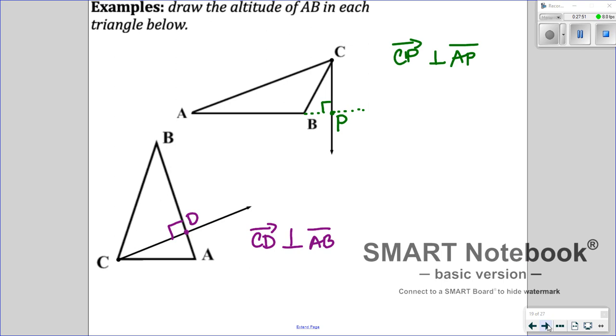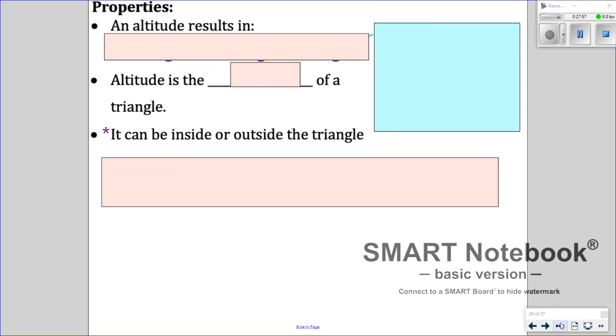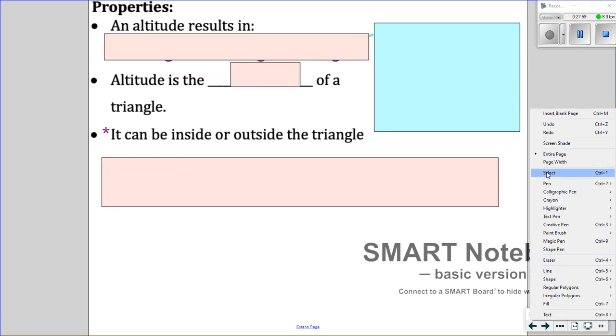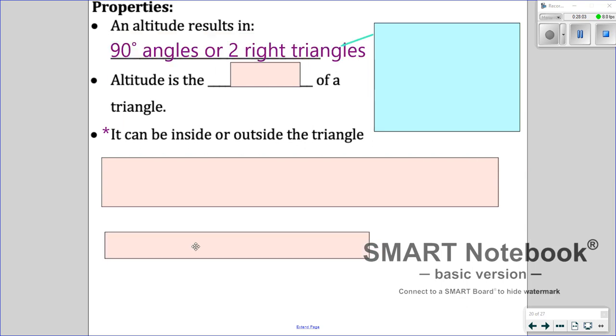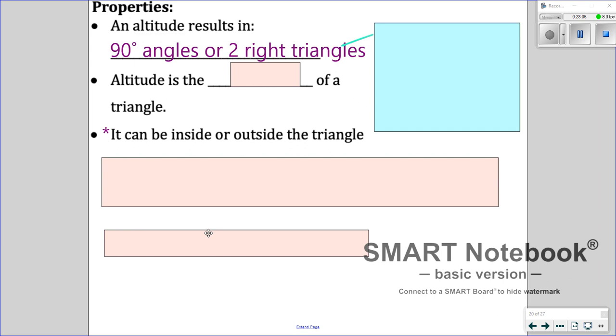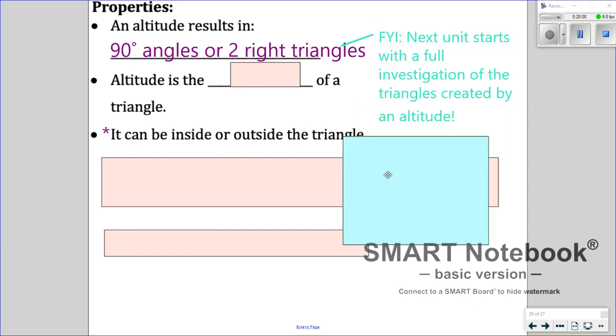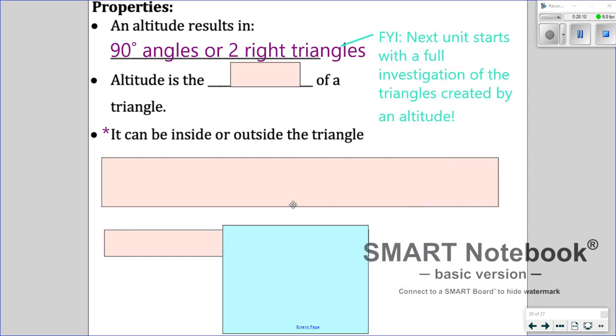So the altitude can be inside the triangle, and it can also be outside. Right. So the properties of altitude result in 90-degree angles or two right triangles. And with the two right triangles, in the next unit, we'll do a full investigation dealing with triangles created by altitude. So that will be for the next time.